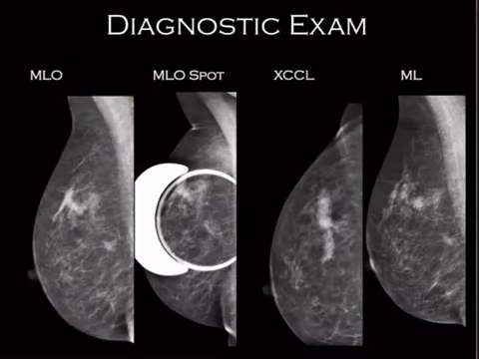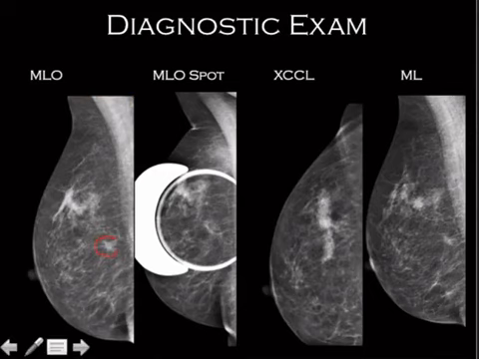So here we go. We've got our diagnostic exam, and again we're seeing our mass here, which looks like on the true ML is probably this thing. I don't think that it's risen. It looks like if anything it stayed the same, or it probably dropped just a little bit. So lead sinks.